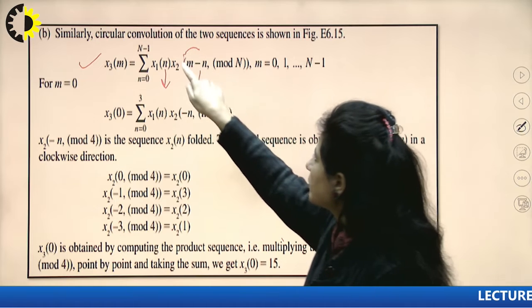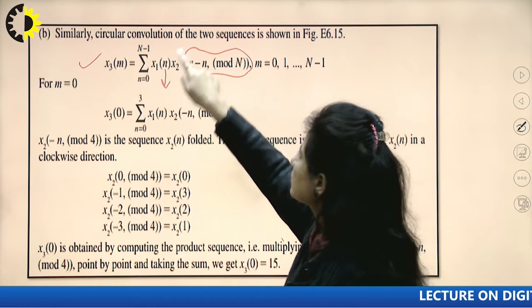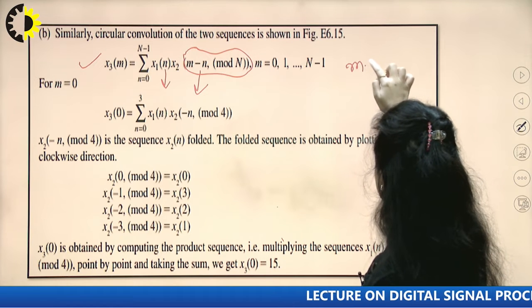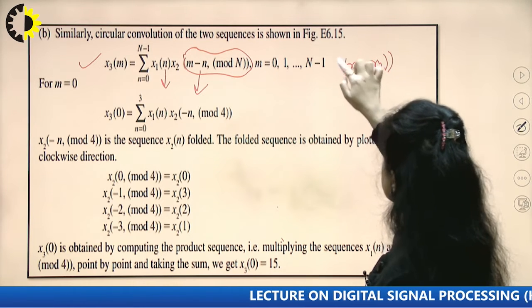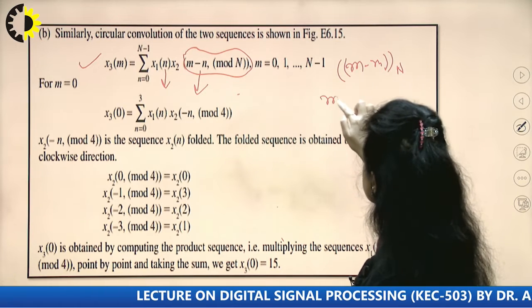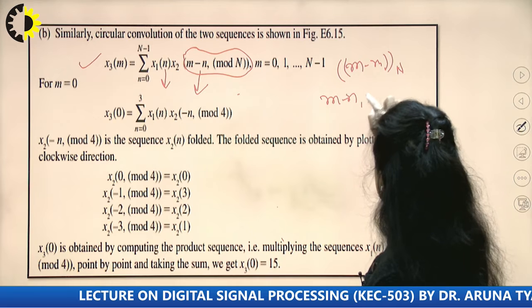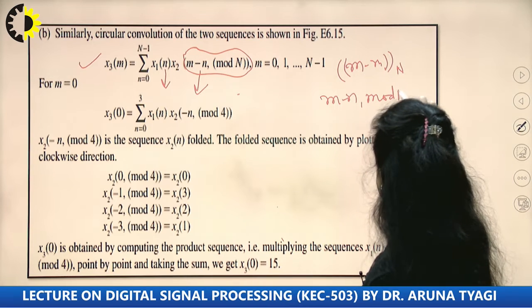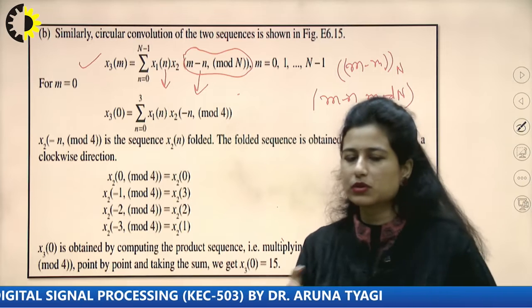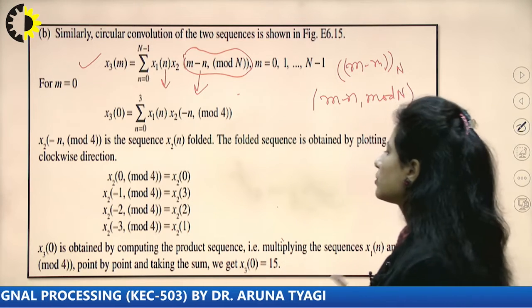This particular representation is for circular shifting. Whenever I am circular shifting any sequence, I either represent it like this, or another format of representation is I would simply write modulo N here. Not much difference, just a representation difference between linear and circular convolution.